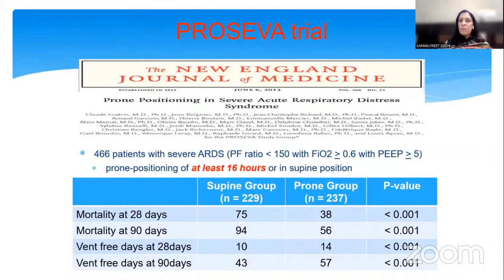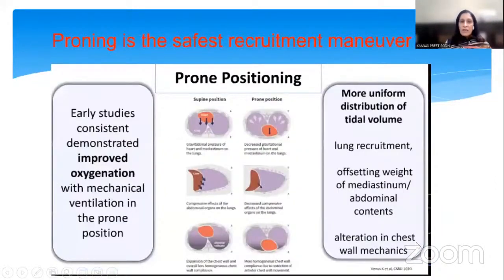This was first shown by the PROSEVA trial, wherein proning of at least 16 hours in patients with severe ARDS massively improved mortality at both 28 and 90 days and the ventilator-free days. And now it is said that proning is the safest recruitment maneuver, and start proning as early as possible.